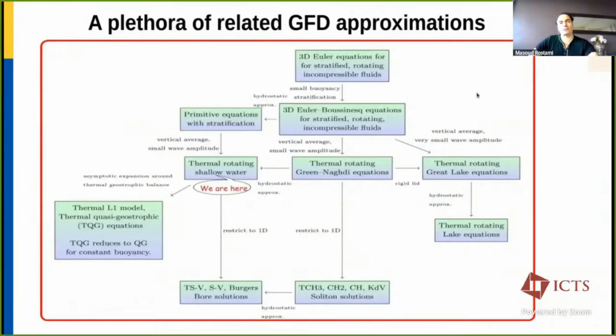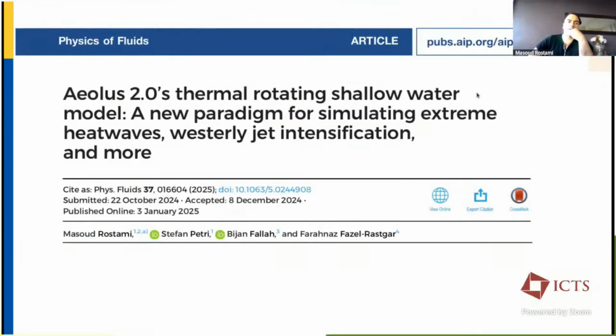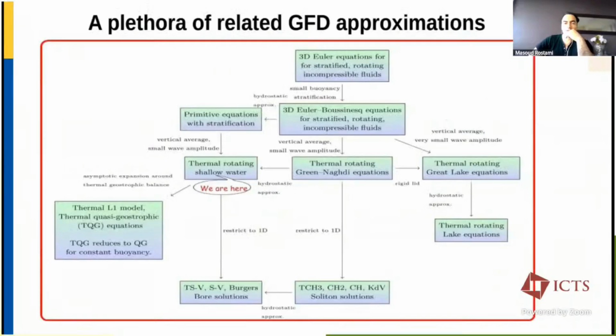In this slide, you see a plethora of related geophysical fluid dynamic approximations. At the upper level, we have three-dimensional Euler equations for the stratified rotating incompressible fluid.